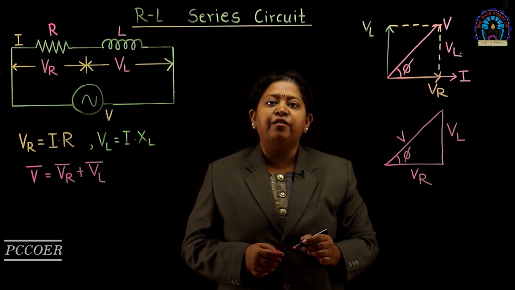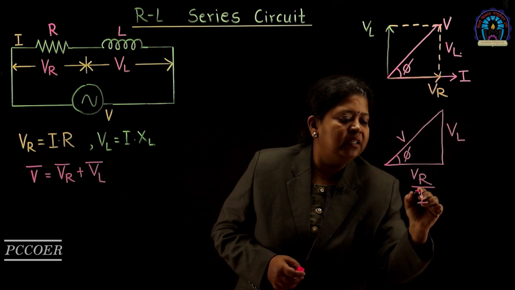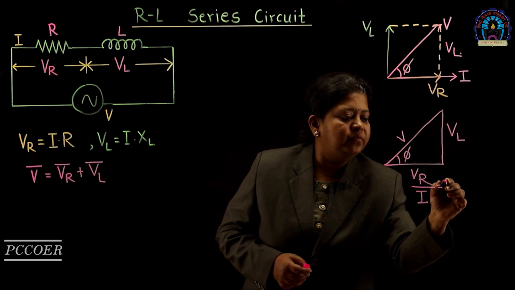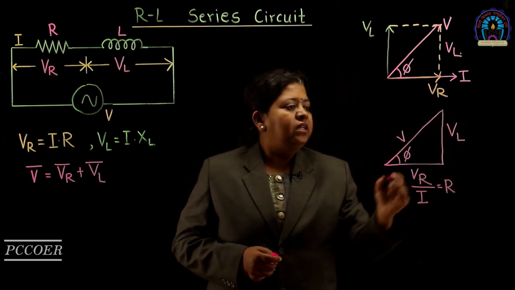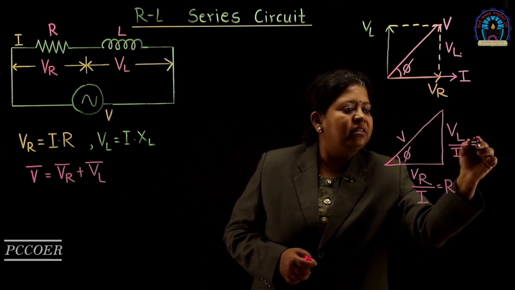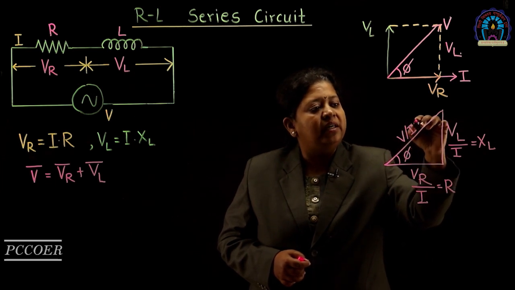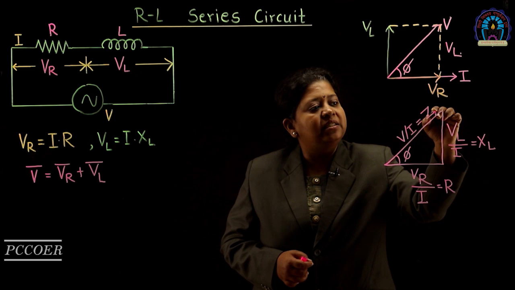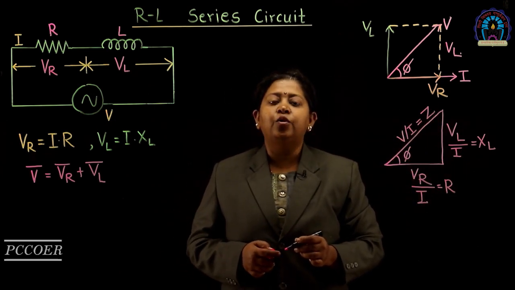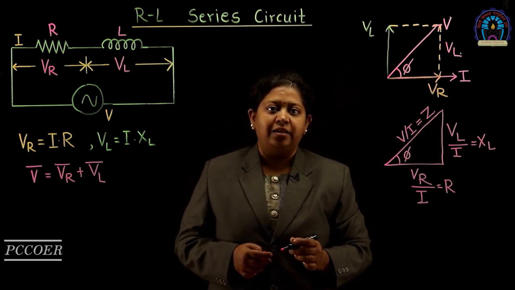If we divide each side of this triangle by current I, VR reduces to R, VL reduces to XL, and V divided by I reduces to Z. Z is nothing but the impedance of the circuit. It is the total opposition offered by this RL series circuit to the current flowing in this circuit.